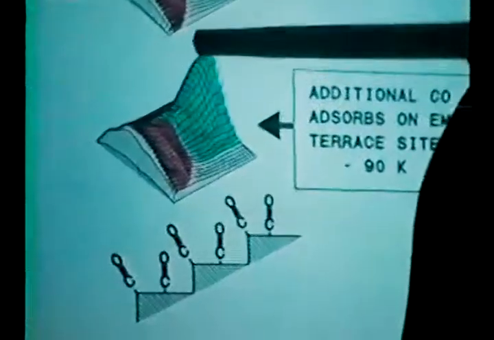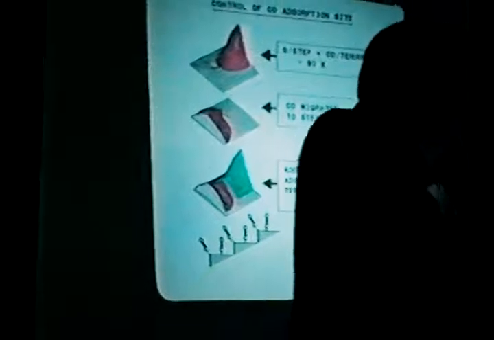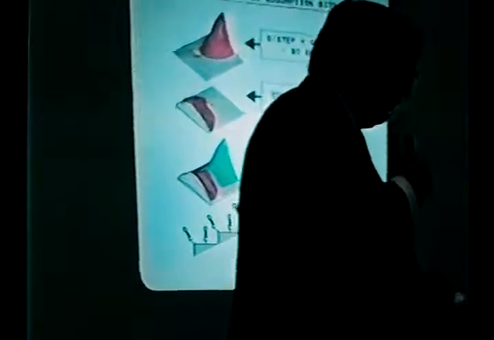And now, if we add additional carbon monoxide to this particular surface, we fill in the green distribution here, which is related to COs, once again, coming in and adsorbing on the terraces. So we can move the COs around from one site to the other in a controlled manner by knowing about the dosing and by having techniques that specifically detect the chemical sites that are present on the surface.